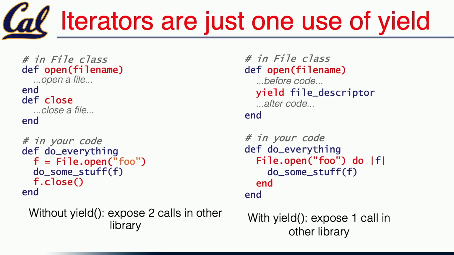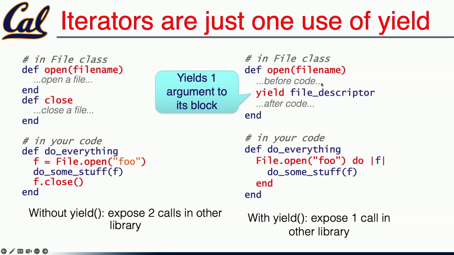So this is basically how iterators in Ruby are implemented, but the same mechanism can be used in a lot of other ways. You'll see that this is actually used all over the place in the Rails framework. It's actually how views are done. So the high order bit of yield is that it yields an argument to the block. That means that whatever resulted in calling the function that yields, that thing is expected to have a block after it.